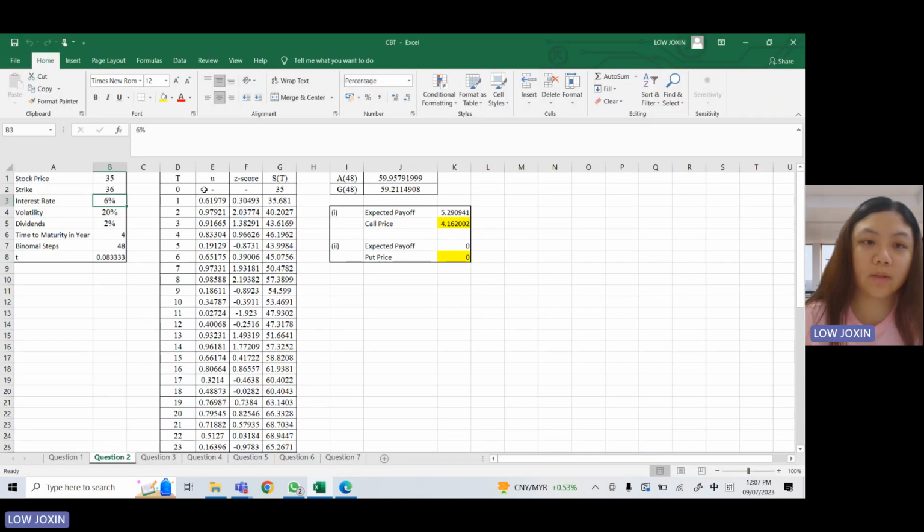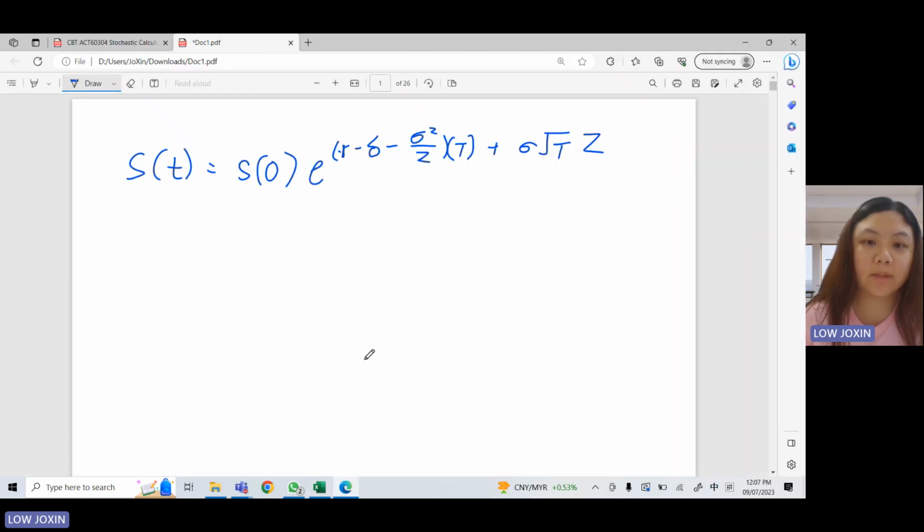So from the random number, we can actually get the Z score. And after we get the Z score, then we can find out what is the S_T using this formula.